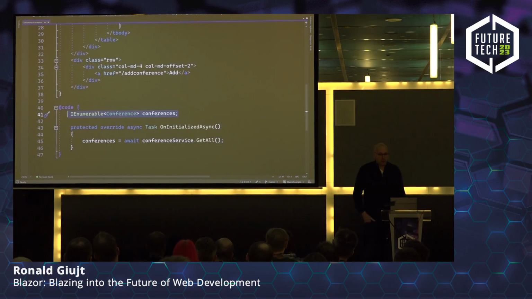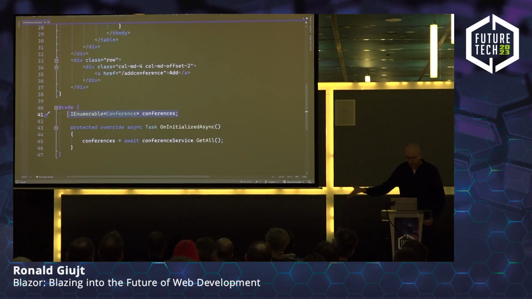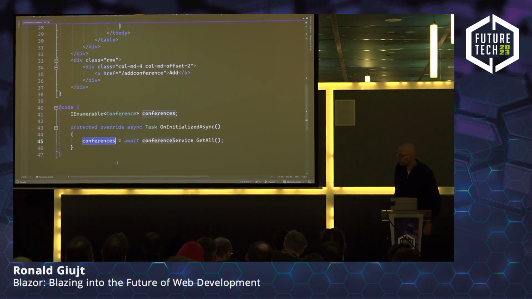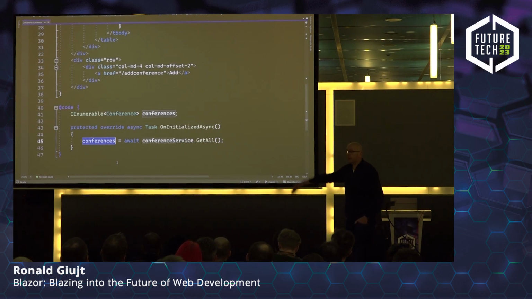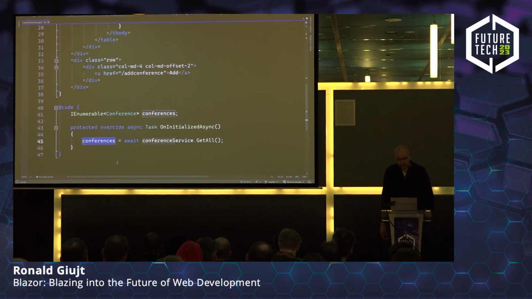That means when you are initialized, execute this code. It works like an event. And the code fills up this conferences variable with the result of GetAll that I call in the service class.